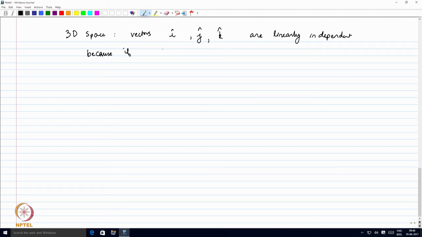If any of these are non-zero, these cannot add up to 0. Therefore, i, j, k are linearly independent vectors.